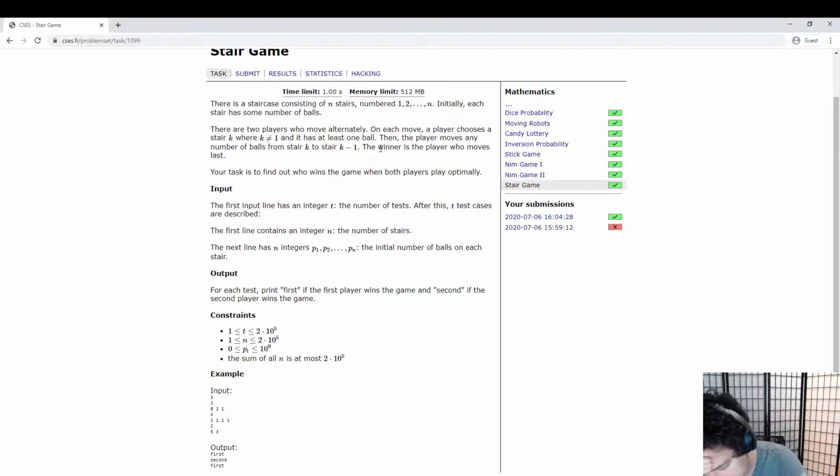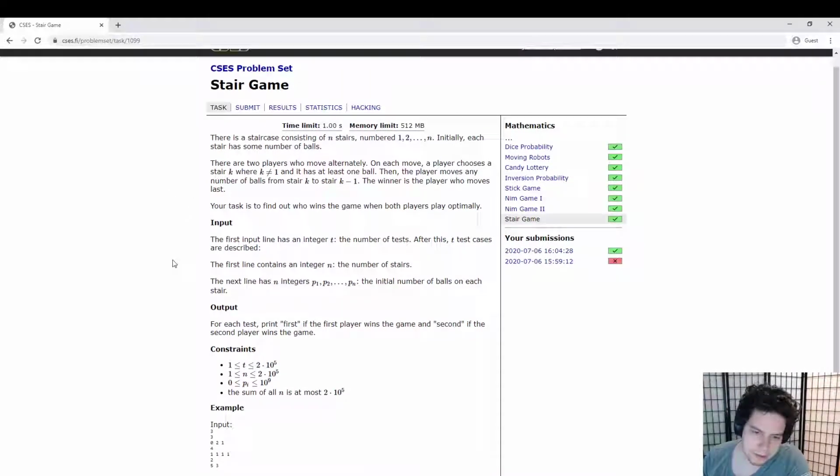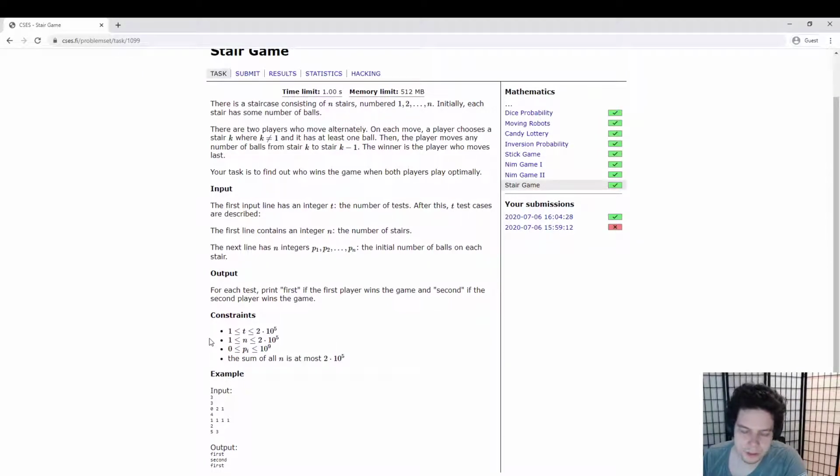So the stair game is equivalent to a game of NIM, where you cancel out any moves from odd stairs, and any moves from even stairs are moves in the NIM game.